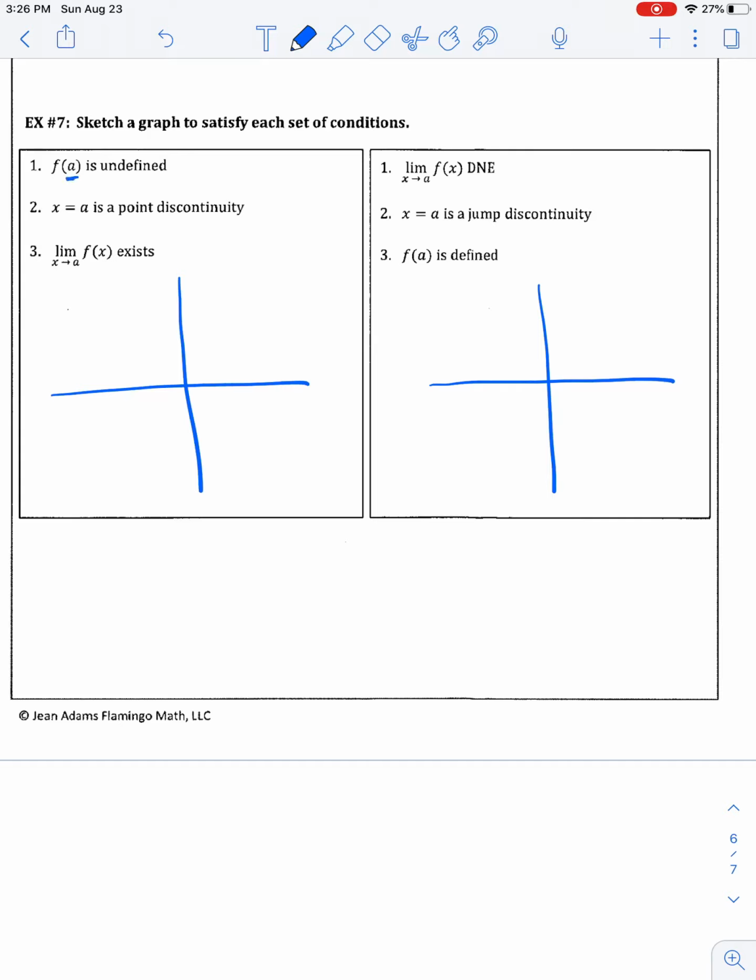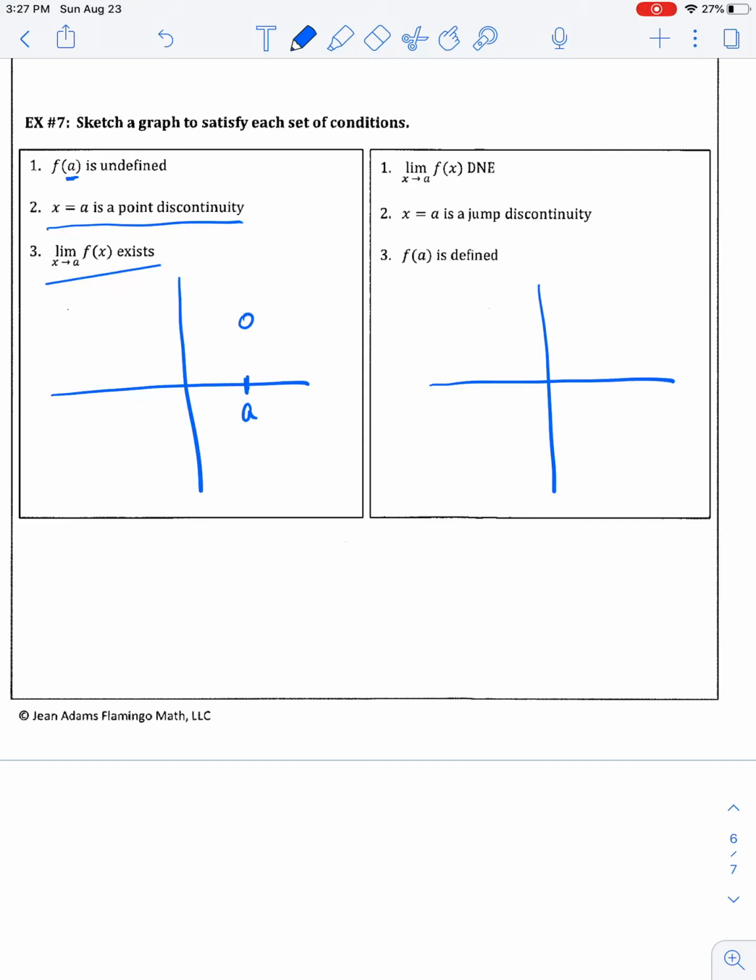Okay, so it says f of a is undefined. So a is my x value, so I'm going to let a be here. So f of a is undefined, which means x equals a is a point of discontinuity, but the limit exists.